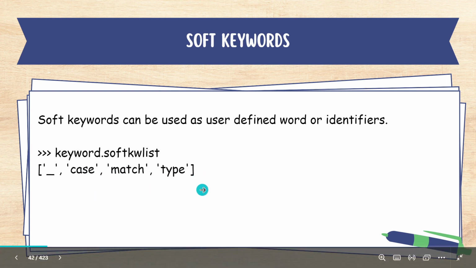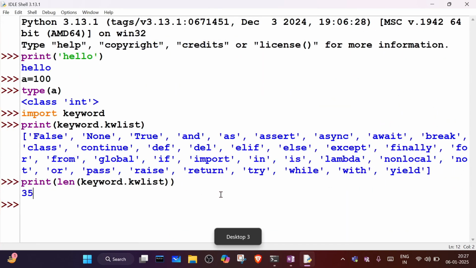If you want to check the soft keywords, we have to write one command. First make sure you imported the keyword library or not. Then after that you can write one command and print keyword dot softkwlist.